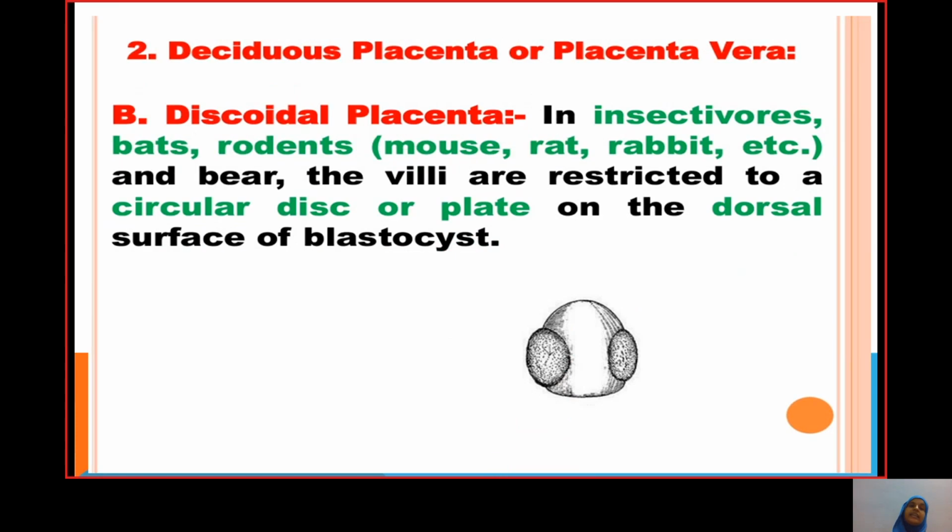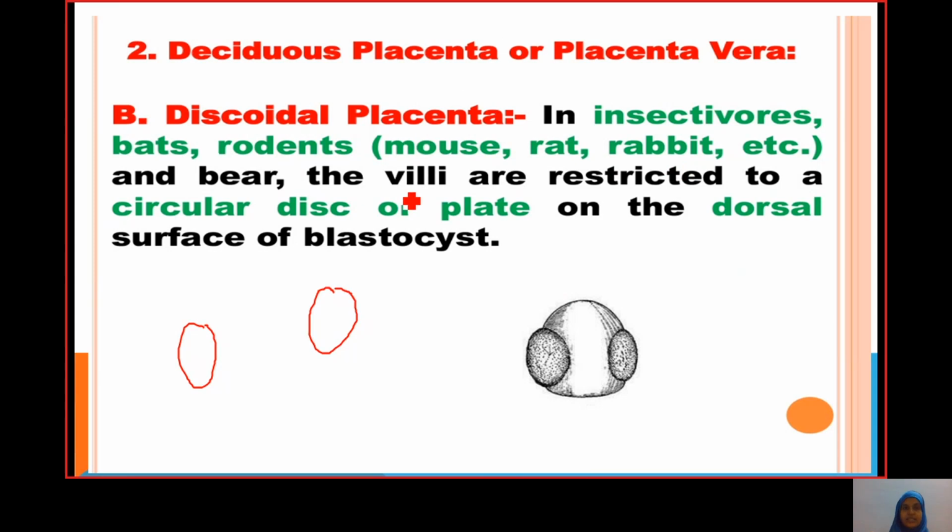Next is the discoidal placenta. You know what a disc is? Have you ever heard the term disc? Here also disc means the same. Small discs are present. The placenta is scattered in small discs in insectivores and rodents like mouse, rat and rabbit.